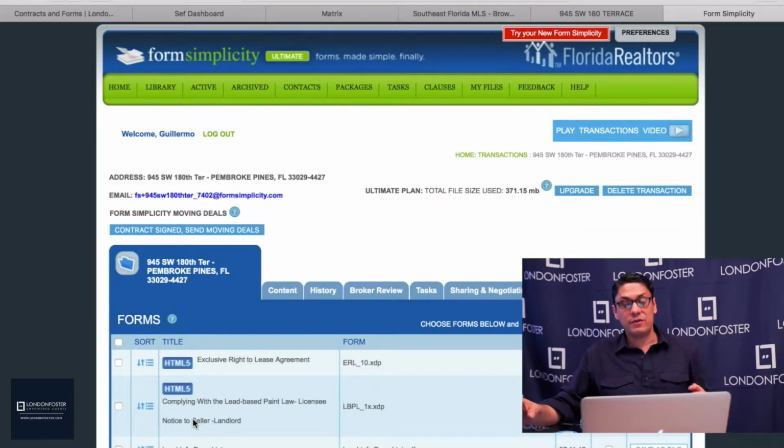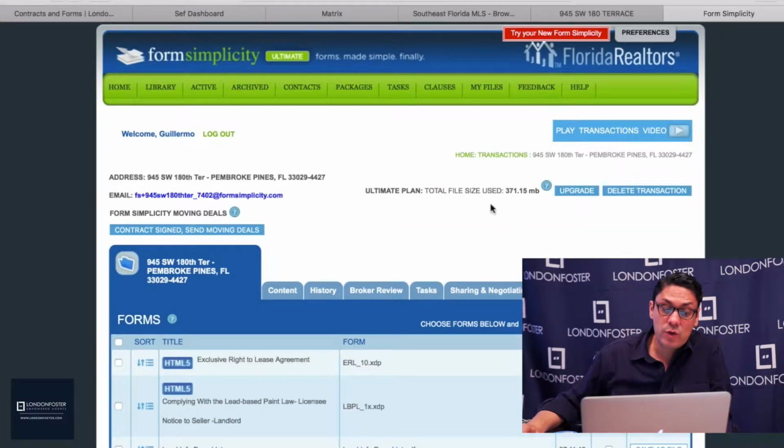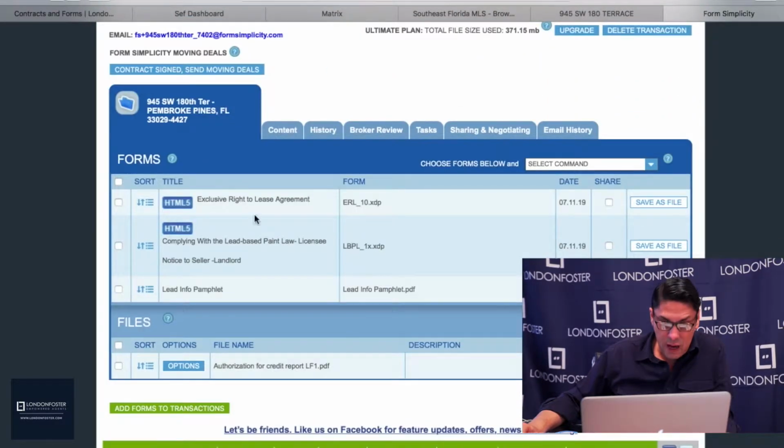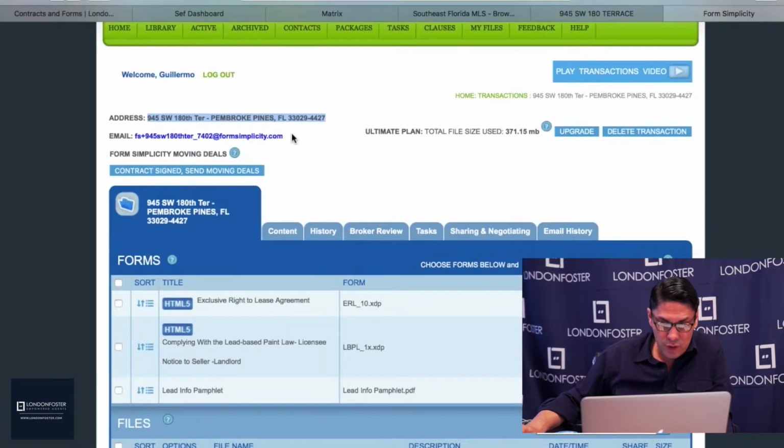So once you save this, it's going to create a package named what you named it, which is here, this is the physical address. It's going to have all those contracts that I promised it would have, and it's going to have a couple of functions. Well, I'll show you really quick. You're going to have an email address designated to that package.